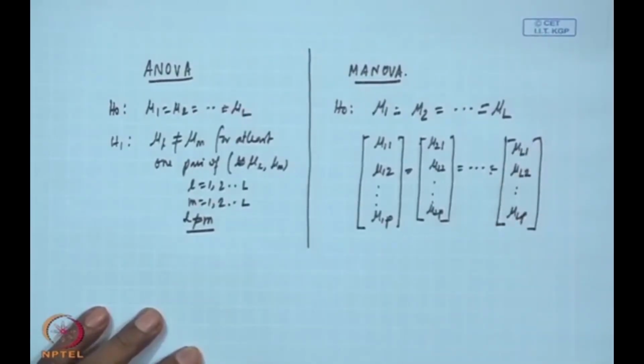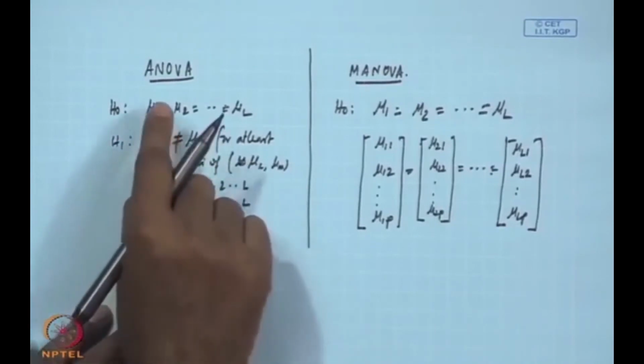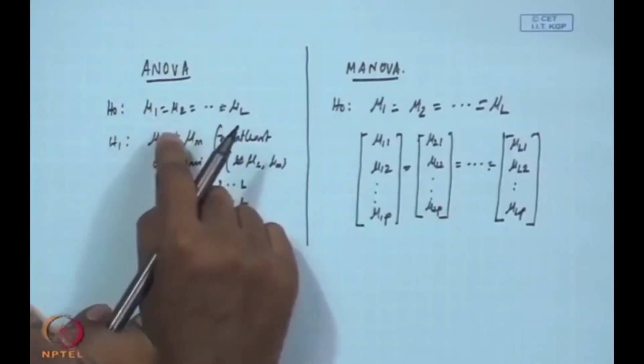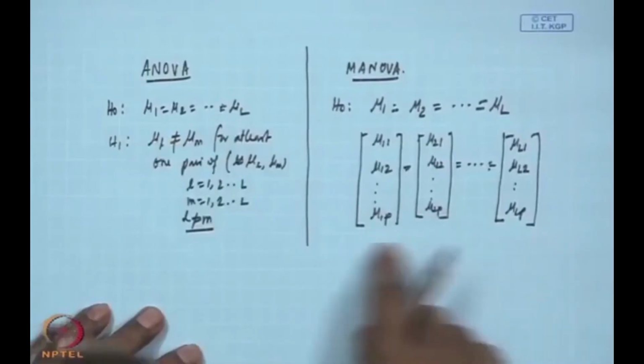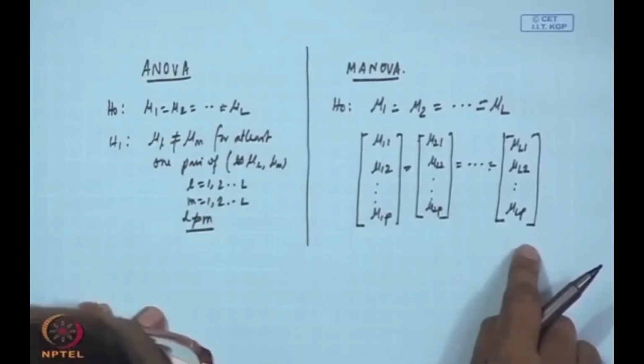That is the difference. In the ANOVA case it is a scalar quantity, in the MANOVA case it is a vector quantity.